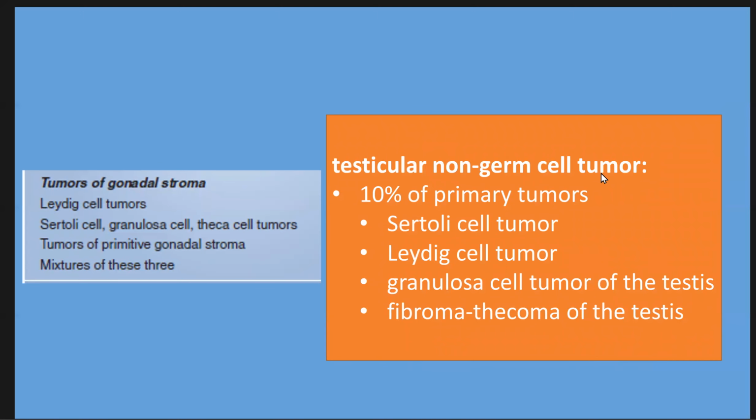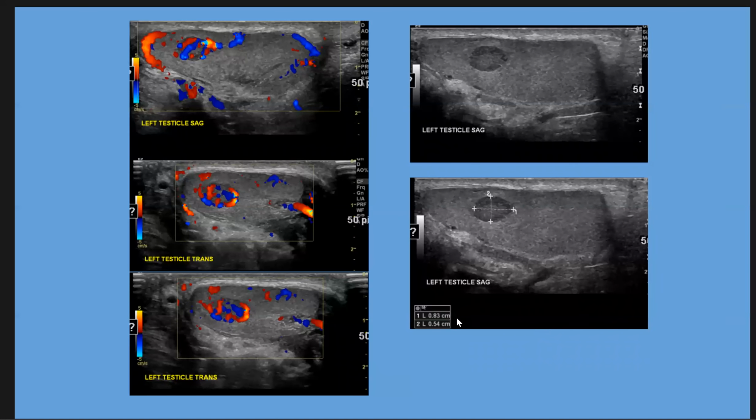Testicular non-germ cell tumor is about 10% of primary tumors of the testis, and it can be Sertoli cell, Leydig cell, granulosa, and fibrosarcoma. As we see here in this patient, we have a hypoechoic mass with increased vascularity.